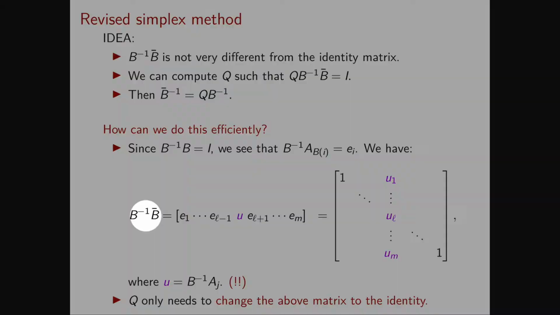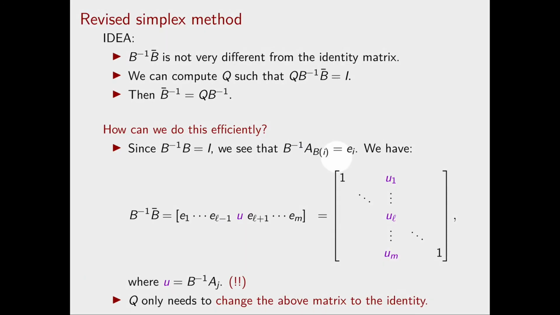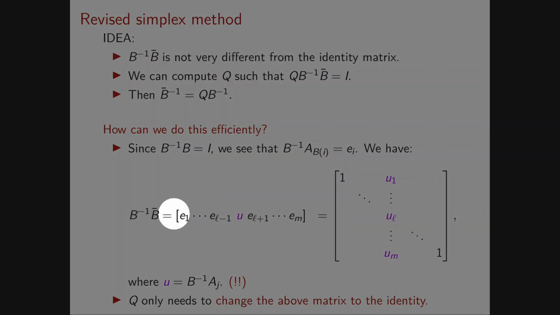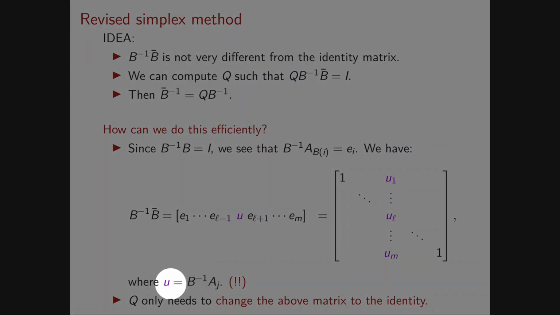Now, except for the column L of B bar, all the other columns are the same as those of B. Therefore, in this product, the first column will be E1, the second E2, and so on and so forth until EM at the very end, except for the column L, and the column L of the product B inverse B bar will be B inverse times the Lth column of B bar, which is AJ. Therefore, such a column will be exactly our vector u.